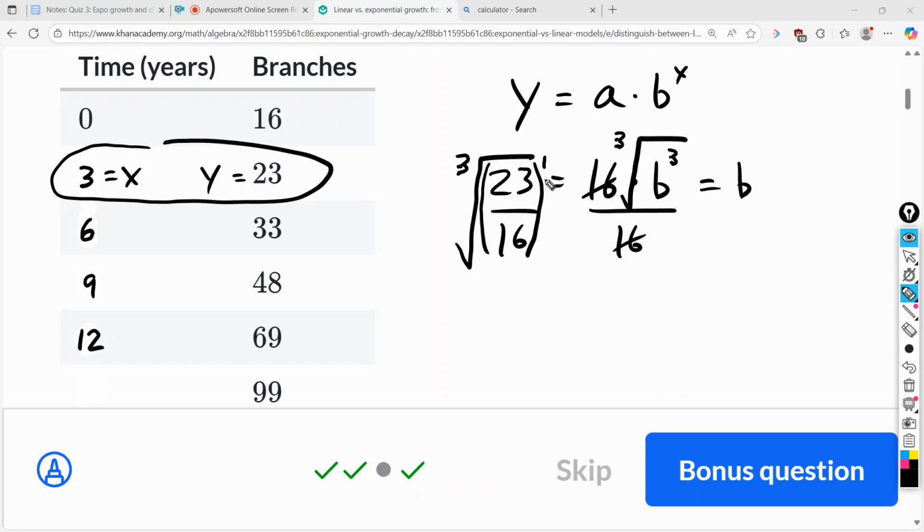We can convert that to a fractional exponent. The third root of 23 over 16 would be the same as 23 over 16 to the power of 1/3. Okay, remember the exponent here is in the numerator and the root is in the denominator. So instead of square root, it would be third root, or 23 over 16 to the 1/3.